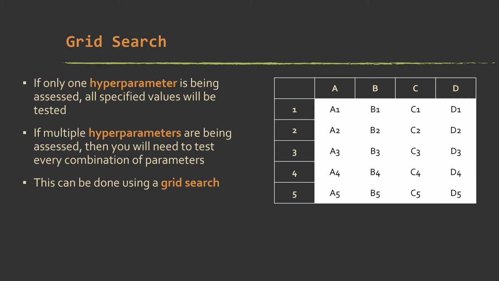So if you think about this, if you have a large number of values that you're trying and a large number of hyperparameters and you have to try all combinations, this is a lot of iterations of the model that's going to have to be trained and then assessed, over multiple folds or bootstrap samples or whatever. So unfortunately, the hyperparameter process using a grid search can be really slow.